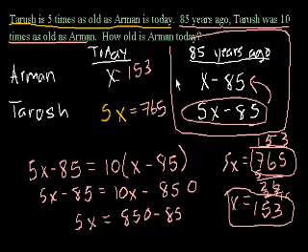These numbers are big. And then 153 minus 85, well, 155 minus 85 would be 70, so this would be 72. Right, and then Tarush 85 years ago. No, I think I messed up someplace.